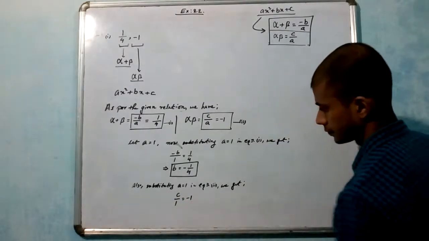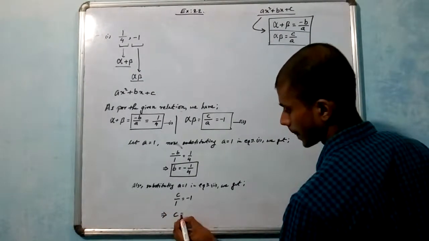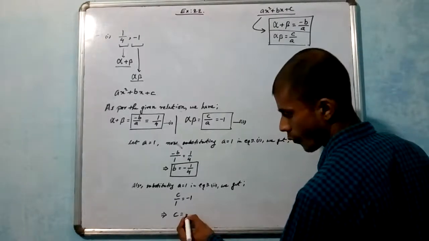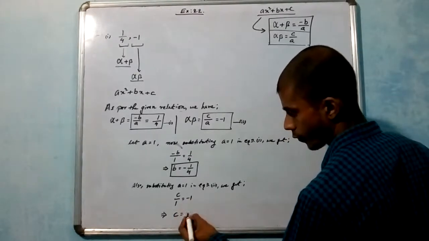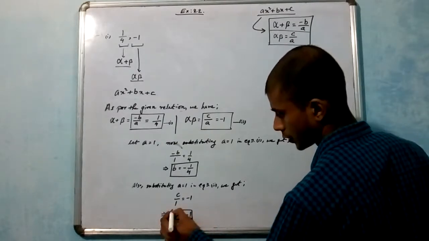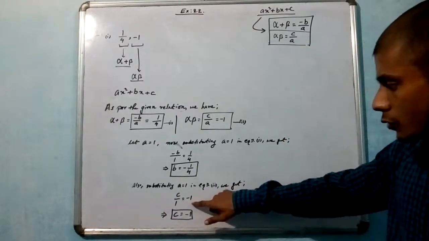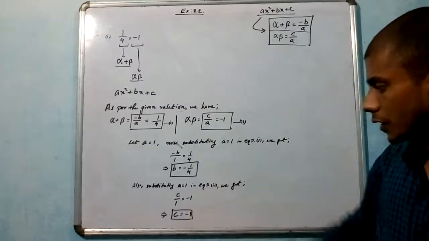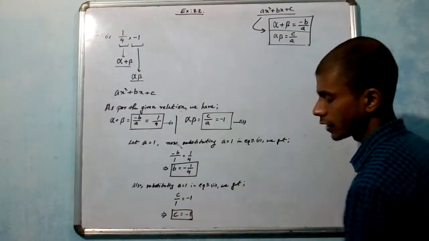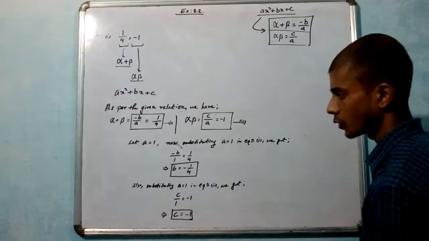Fine. Which implies c is equal to how much? C is equal to minus 1 only. Yes, this one will get multiplied simply here. So minus 1 into 1 is minus 1 only. C is equal to minus 1. Fine. So we got b value also, c value also, as per our assumption a is equal to something. Okay.